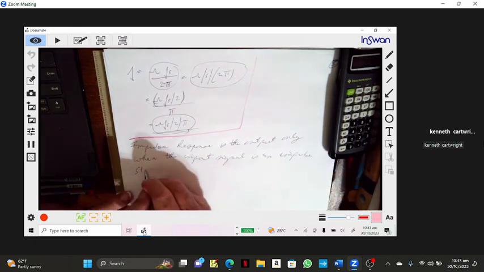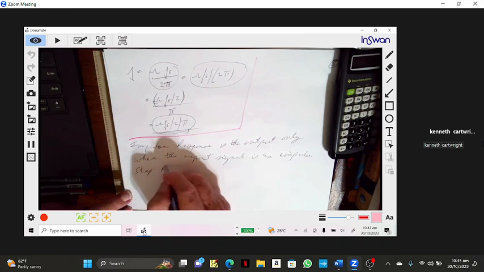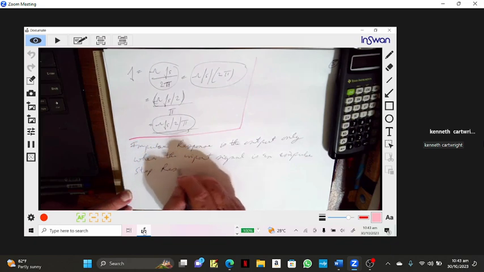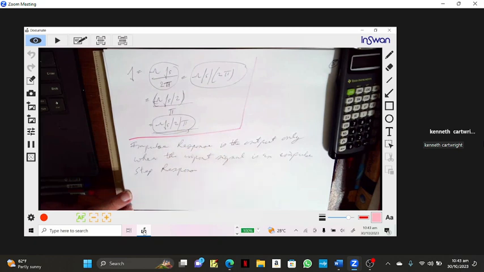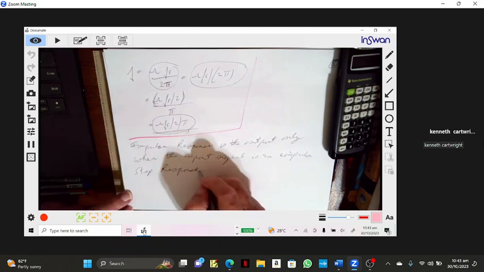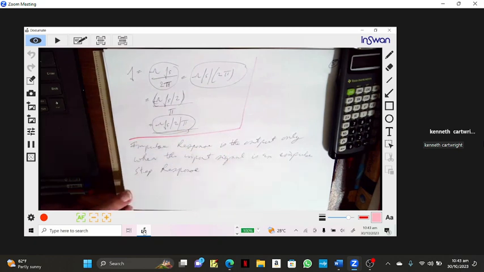What's a step response? The step response is only the output when the input is a step.